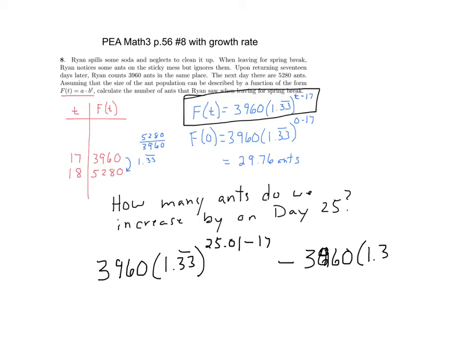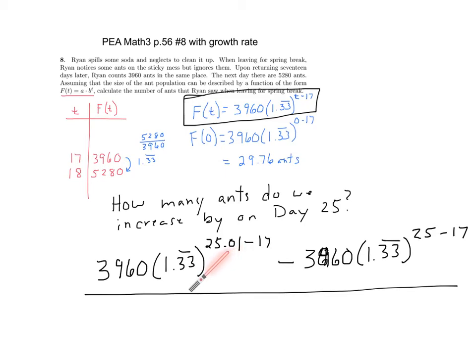I'm going to subtract when you substitute a 25 in there. I'm going to divide it by the difference in my x's. So really what I'm doing is these are my y values, or my f of t values, with both 25.01 and 25. Then I subtract those two values and divide by my change in x, which is just 0.01.